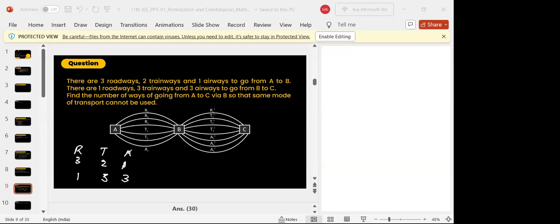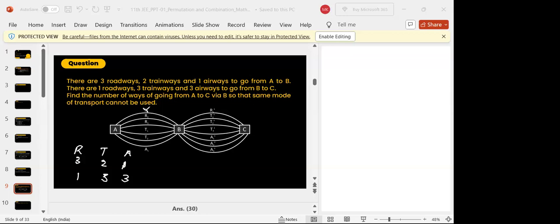This is the format they are having. So how many ways are possible? The same mode cannot be used.